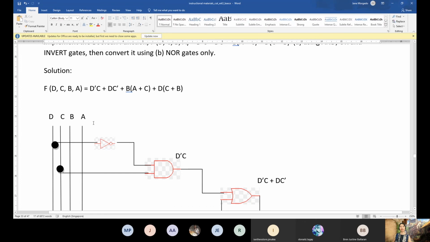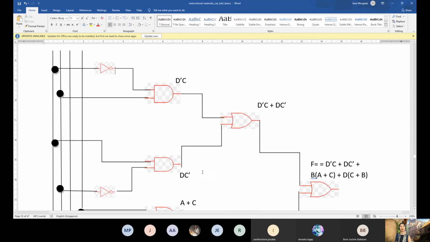Then we have DC prime, so you have an inverter for C.